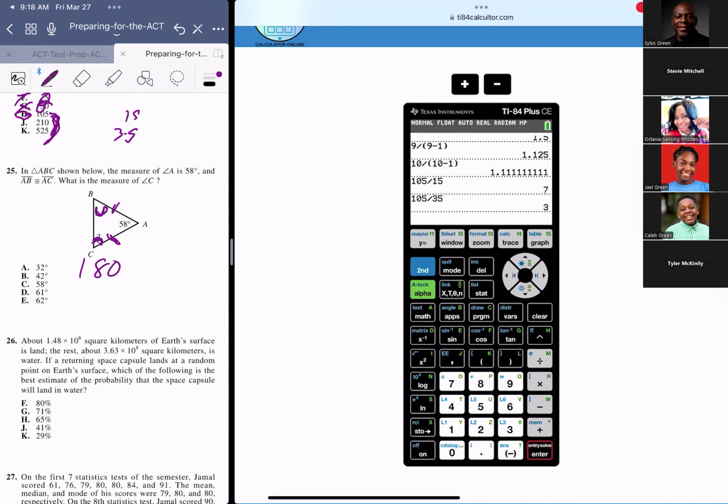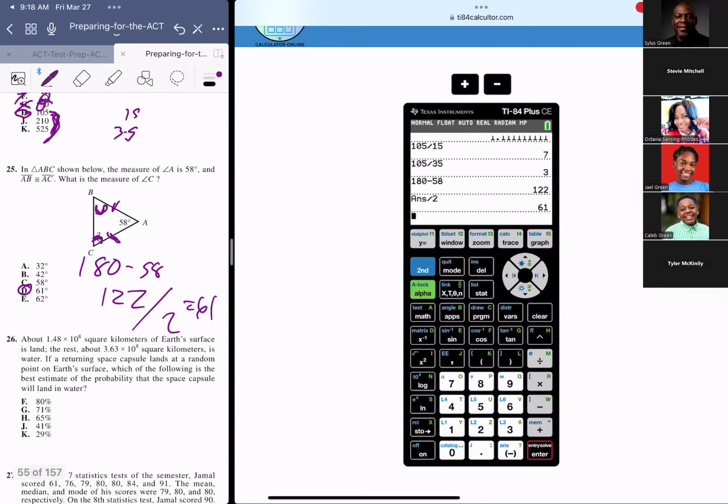So 180 minus 58, do that in your calculator. That's 122. Then the angles are congruent, so we divide by 2. That's 61. So the answer for this one is 61 degrees.